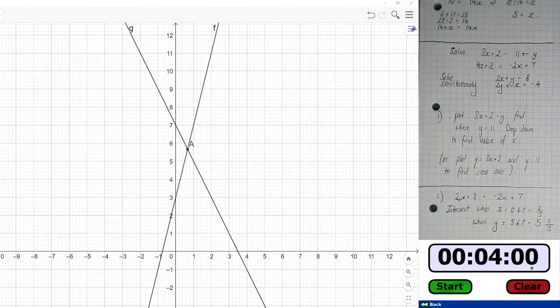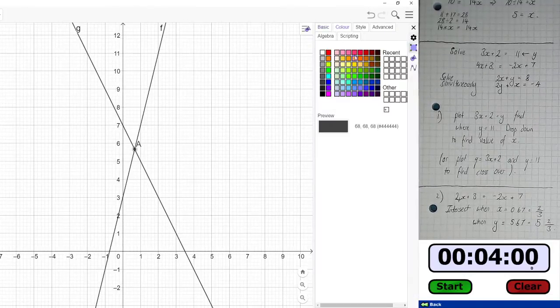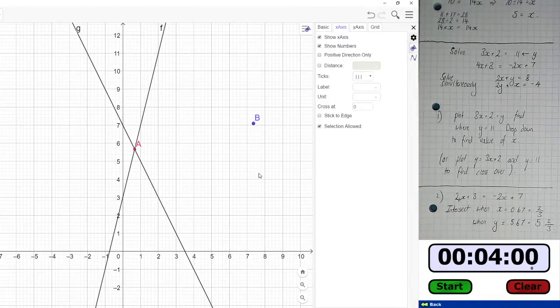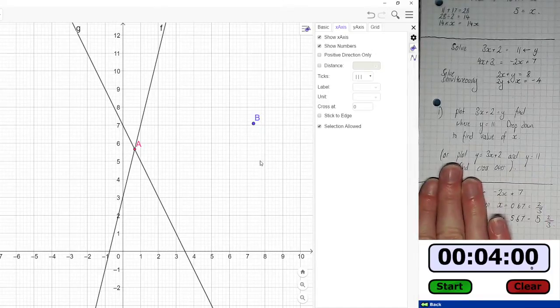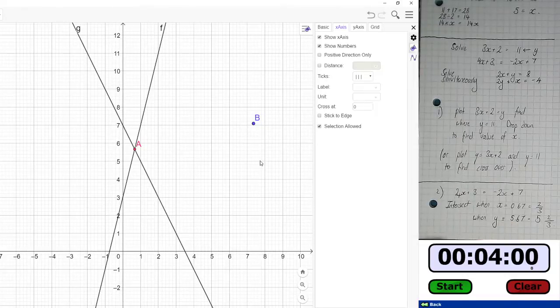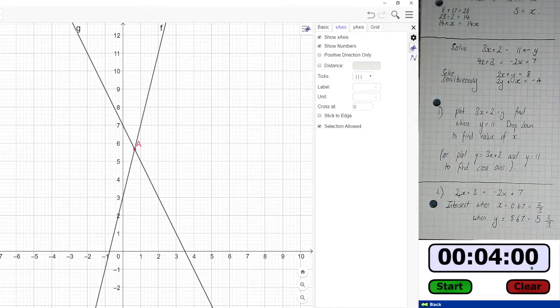So that point A here, where the two things cross over, is effectively our solution to those two lines, to this equation here. We've graphed each line separately and then used the crossover point to find out what value of x we must have had to make them equal to one another.